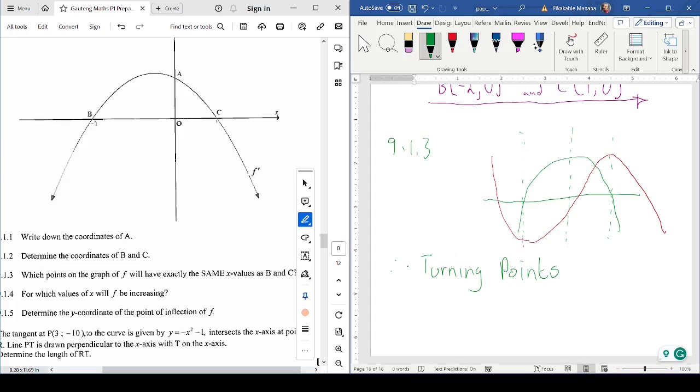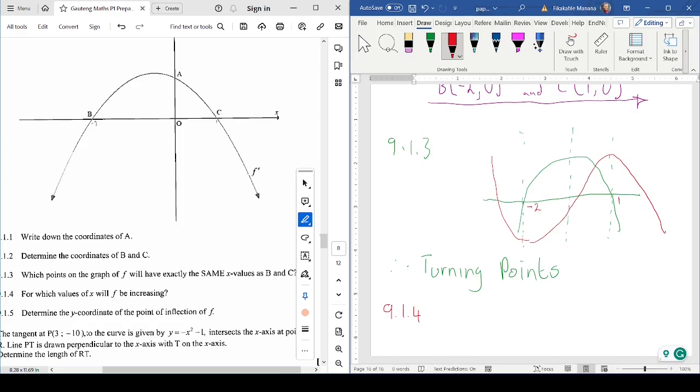Okay, and then the next question says, for which values of x will f be increasing? So now we can look at that, also looking at this graph right over here. Remember, we have minus 2 there, and then we have 1 there. We're talking about 9.1.4. For which values? You can clearly see graphically that the graph is increasing from -2 up until 1.